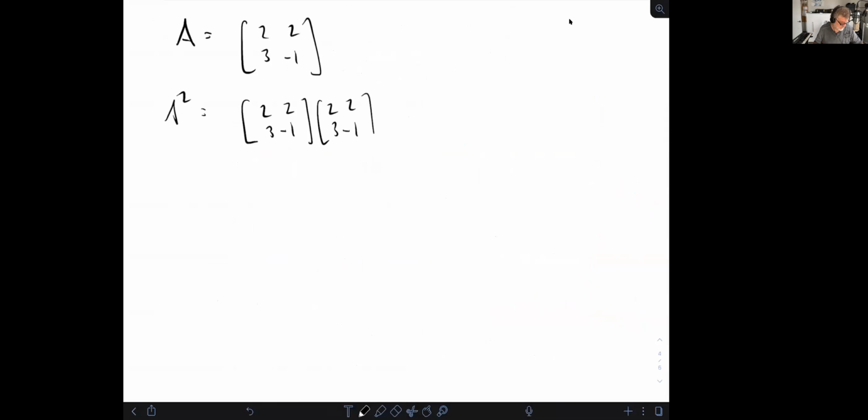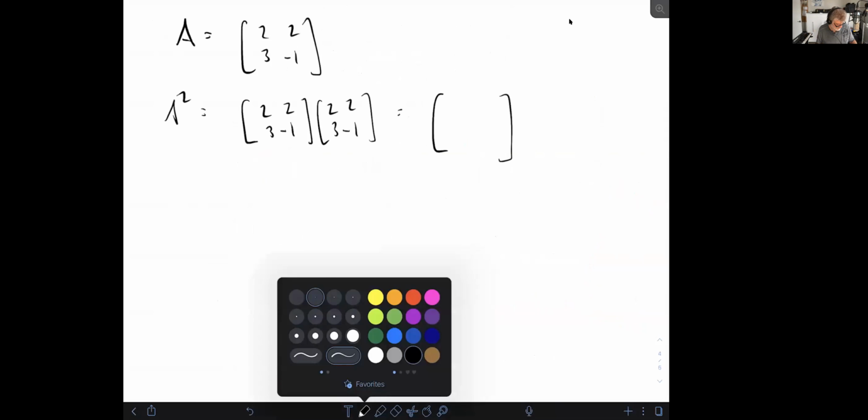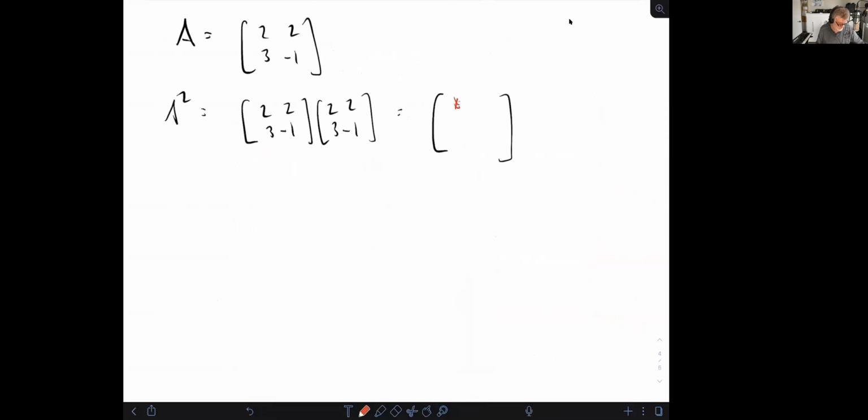All right. So now let's do this first entry. This is row 1, column 1 of the product. So it's row 1 times column 1, so it's 2 times 2 plus 2 times 3.